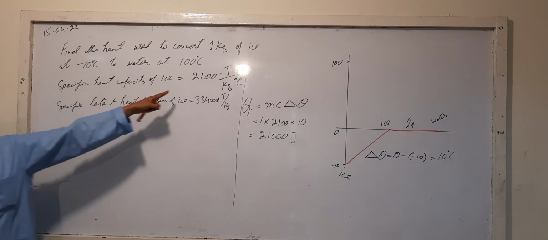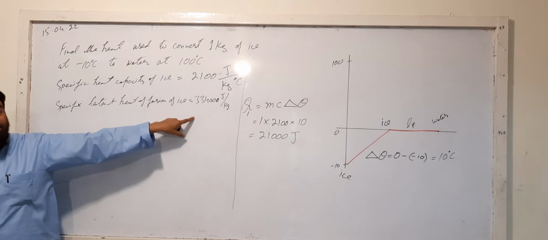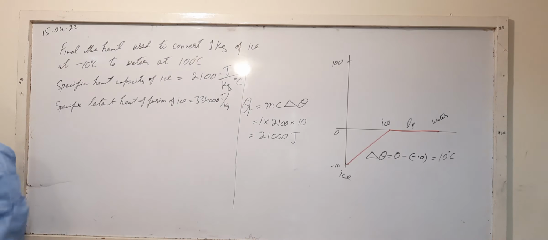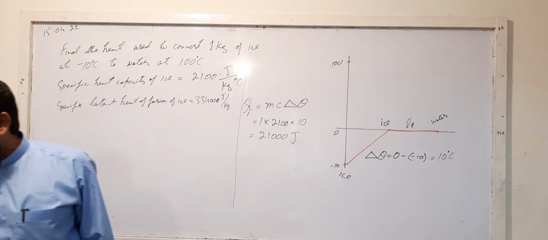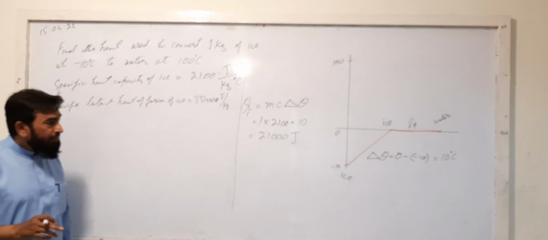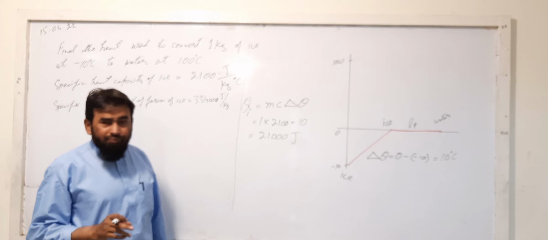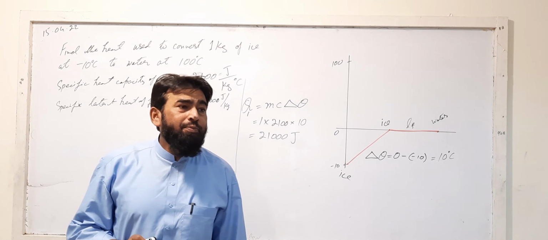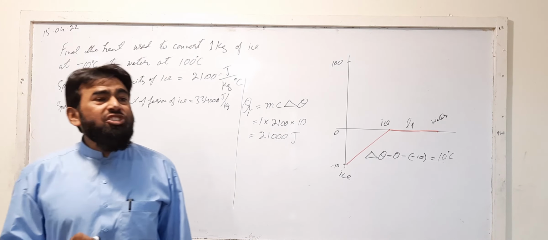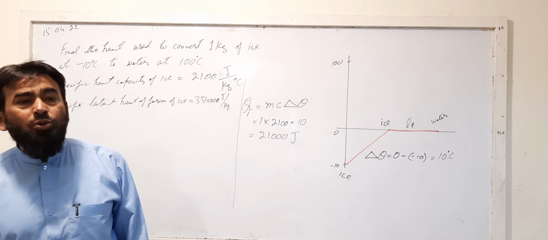I'm using all the quantities in joules, so that's why I have taken it in joule. In the last, when I find the final answer, then I'll change it into kilojoule. The mass will be used in kilogram.